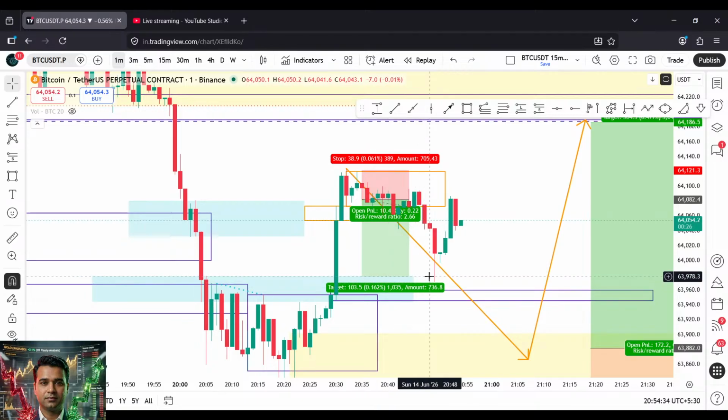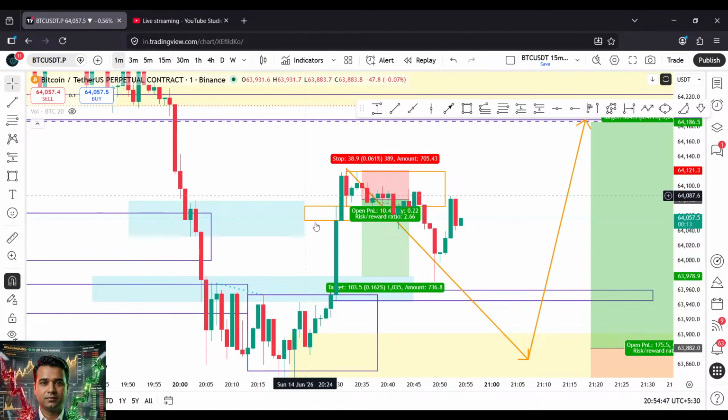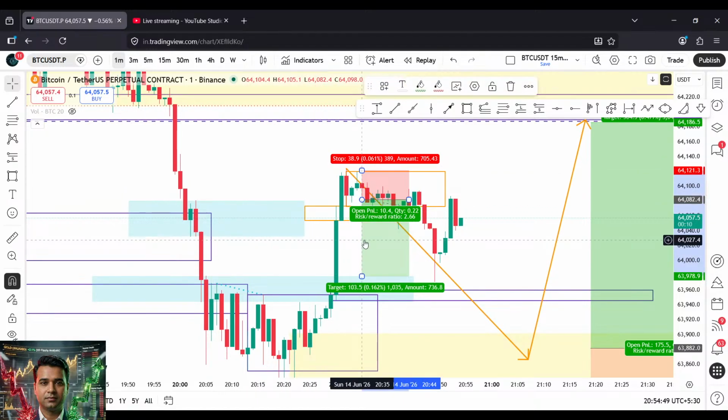So if in case price reverses here and goes back up and hits your stop here, your risk is already covered. Your fees, risk, and everything already covered. You have already got 1:2 at 50%. Actually, this is 1:2.66.